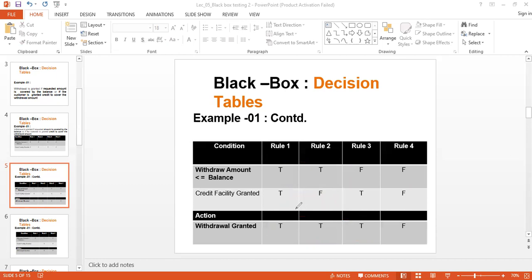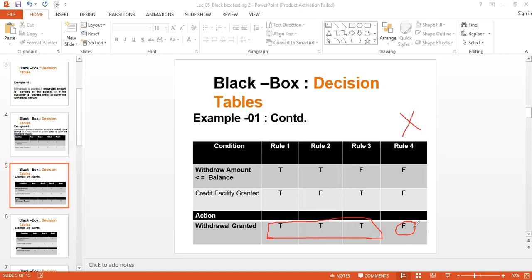First thing is, I go to the action section. Here I have one false and three true. But I have only 4 possible rules to cover. False appears only in one special case, so I am not going to touch rule 4.